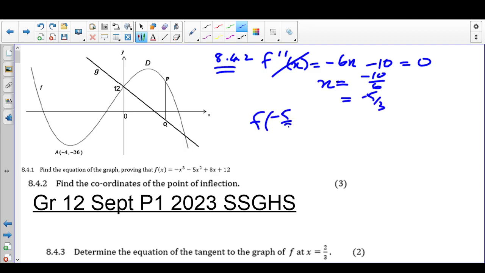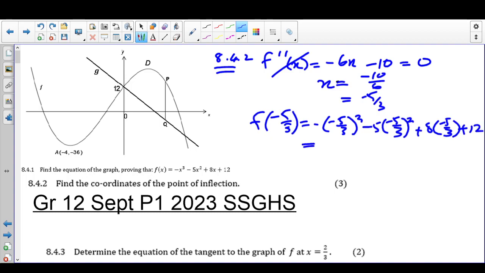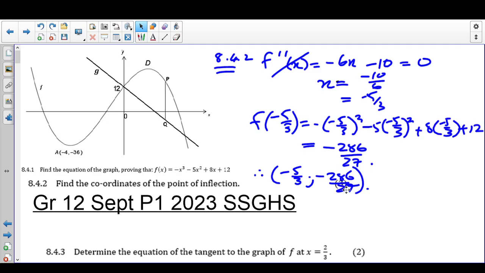Then substitute negative 5 over 3 into the original function: negative of negative 5 over 3 cubed minus negative 5 over 3 squared plus 8 times negative 5 over 3 plus 12. That gives me an answer of negative 286 over 27. Therefore, the point of inflection is negative 5 over 3 for x and negative 286 over 27 for y. Okay?